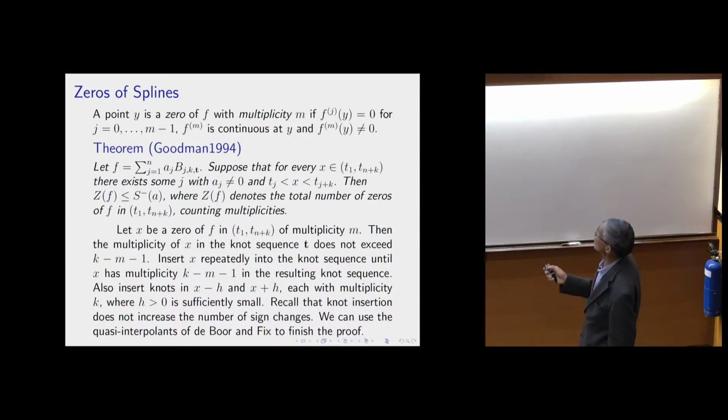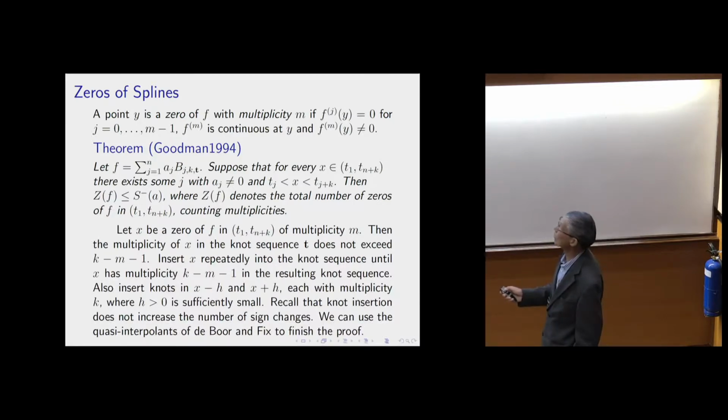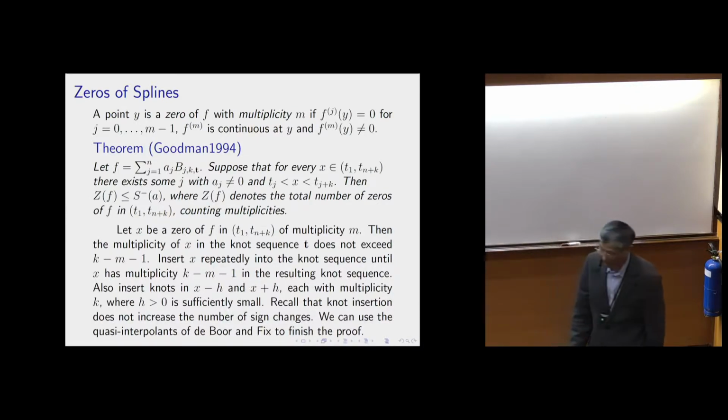Then here we have this condition, which is necessary, otherwise it will not be true: for every x in that interval, some term has a non-zero coefficient. Then one can prove that the number of zeros is no bigger than the sign changes of the A sequence.